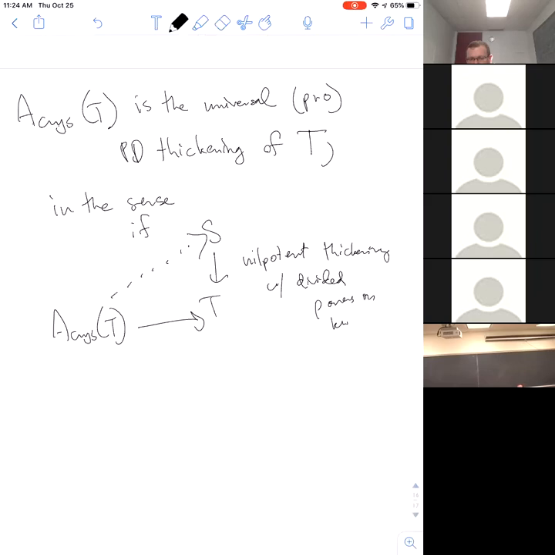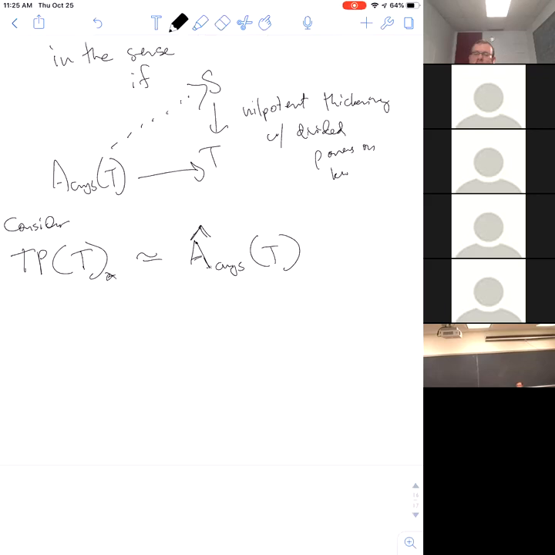So maybe that's not so surprising, that you'd have something that has to do with divided powers. But maybe it's a little bit more surprising that if you consider TP of these large rings, TP of T, then this is closely related. This is actually a certain completion of this ring A cris of T, a completion with respect to a filtration called the Nygaard filtration.